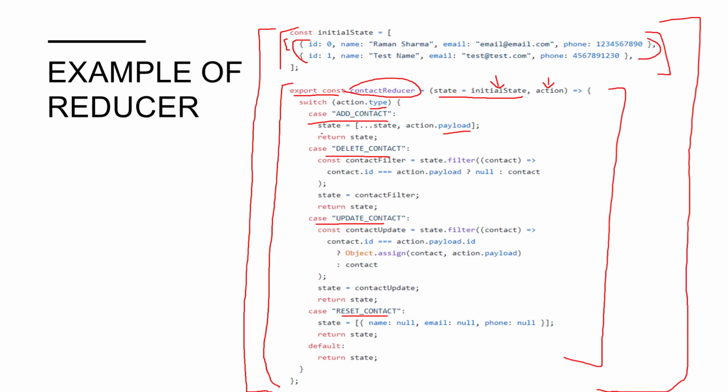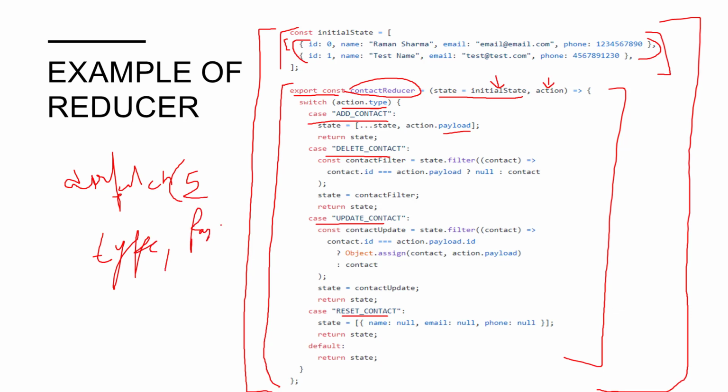See that if the action dot type is there, like we are dispatching. So this is dispatch. We are dispatching here. We will mention two things: first will be type, and then our payload. So these two things will be in an object, and here we will write the type.